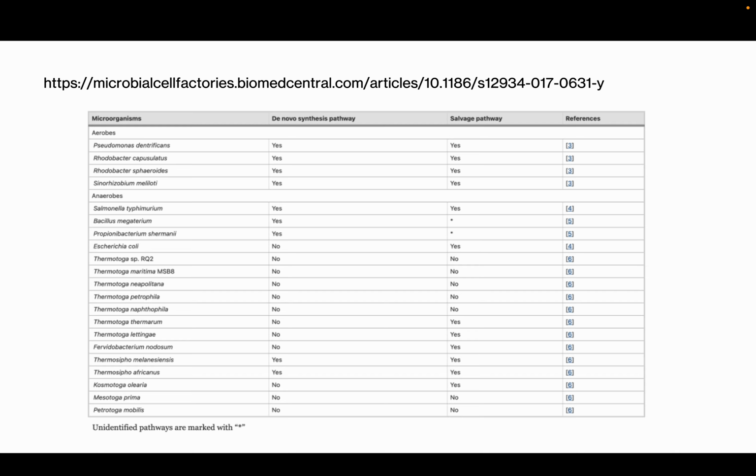Some of them are able to carry out both de novo and salvage pathways. Others are confined to only one. This table shows some examples of microbial species able to carry out cobalamin synthesis and whether they use de novo, salvage, or both pathways.